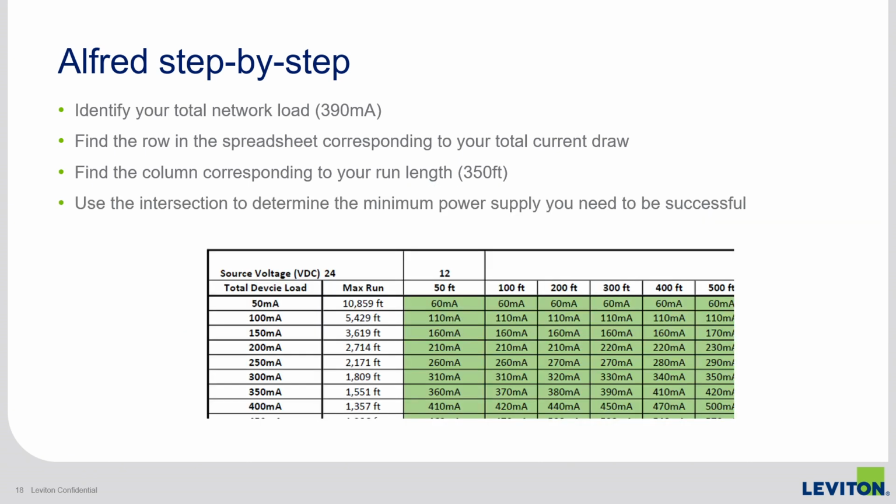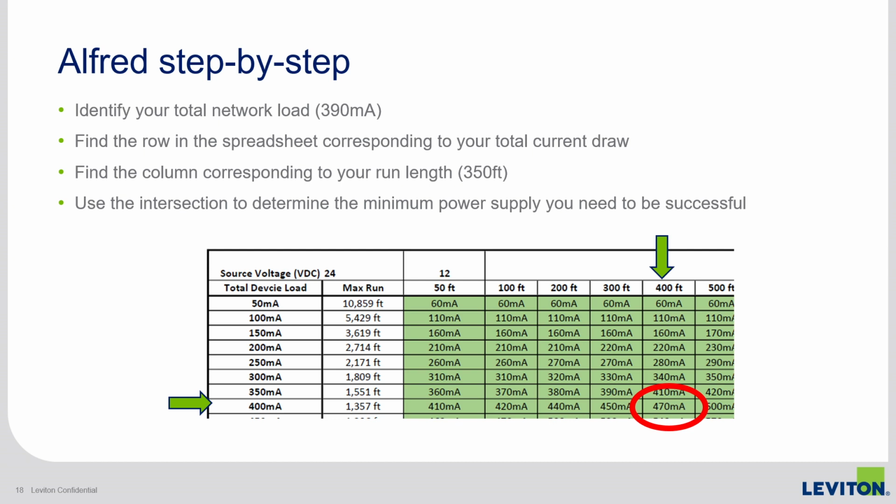Now, go find the intersection of 390 milliamps, which is the 400 milliamp row, and the 350, which is the 400-foot column. There's my row, there's my column, and there's the intersection right there. Now, what does that tell us? That tells us that our maximum run length is 1,357 feet, and at 400-foot run length, I need a 470 milliamp supply.